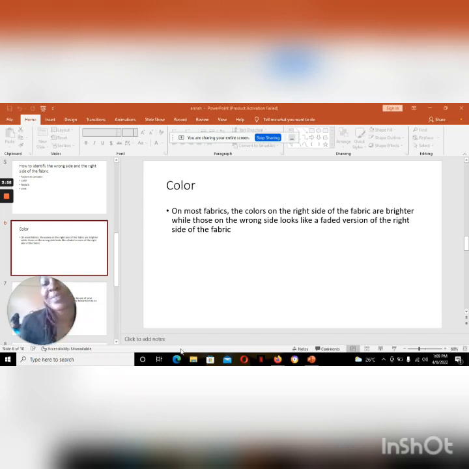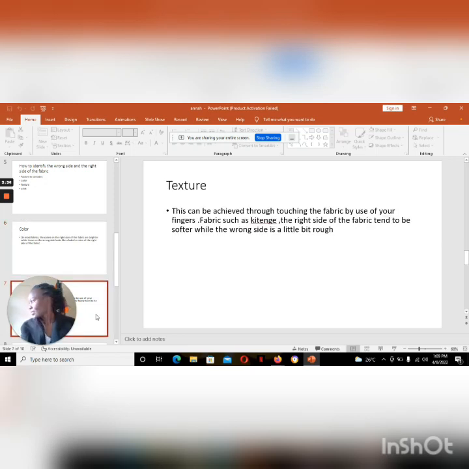Okay, that's true. On color, most of the fabrics on the right side appear brighter, while the wrong side has a faded version of the right side of the fabric. The right side is more conspicuous than the wrong side. The next factor is texture.